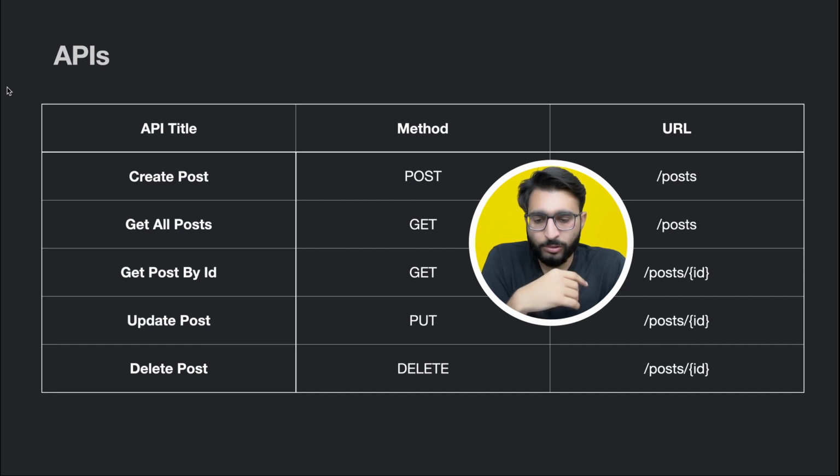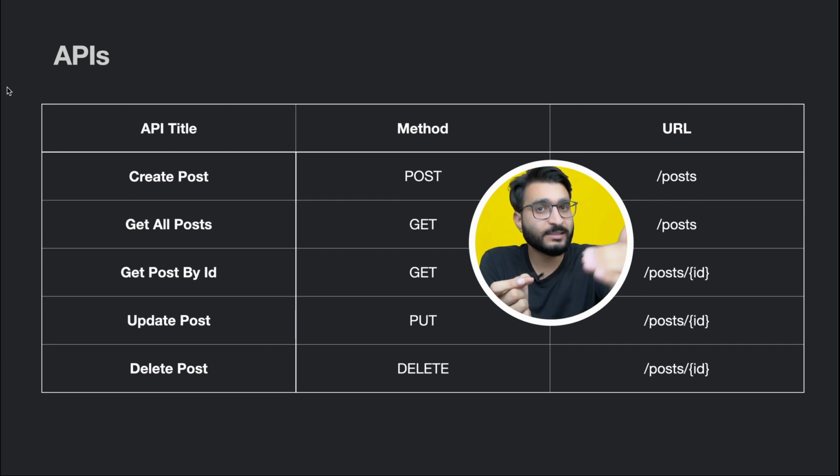Okay, great. Another API that a user might need is get post by ID, right? Say you have created so many posts. When you click on any post, you get that specific post, right? That means I need to create an API where I give the system one ID, and the system gives me the post related to that ID, right?